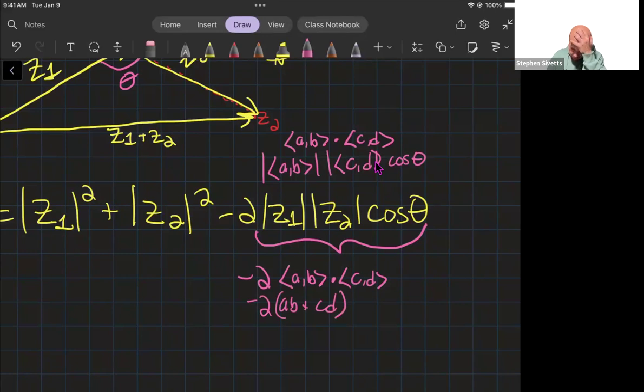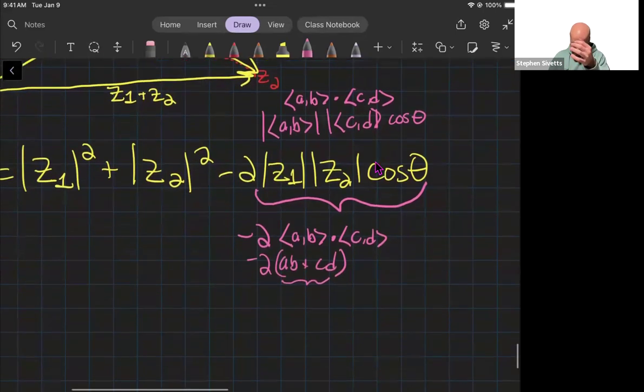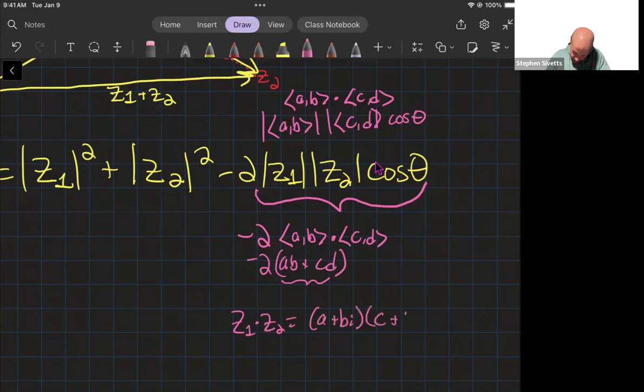is the real portion. So going back to products of complex numbers, if we had Z1 times Z2, a plus bi times c plus di, the real component was AC minus BD, right? So that was Z1 times Z2.